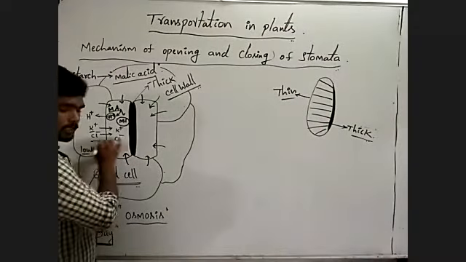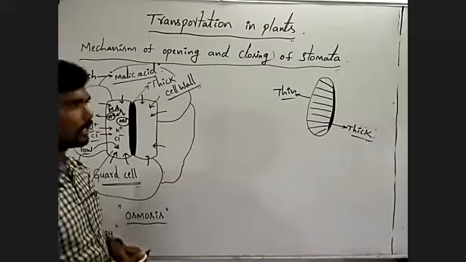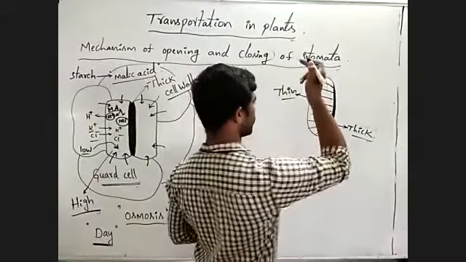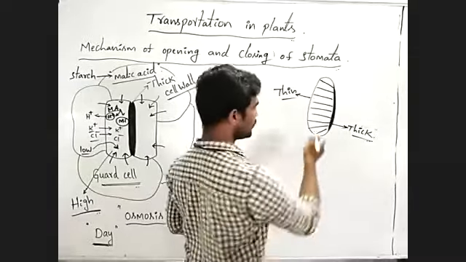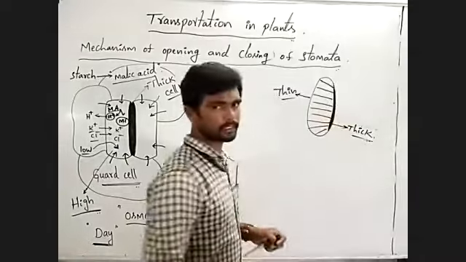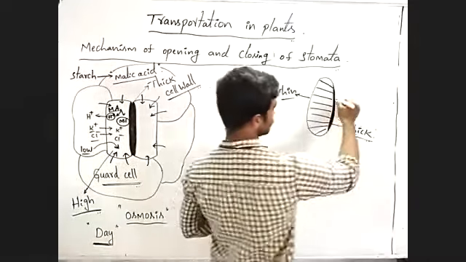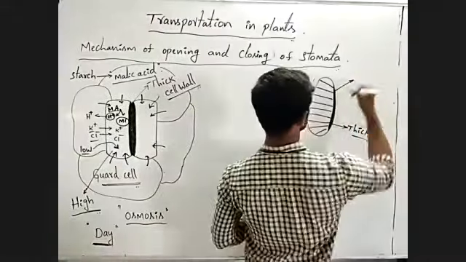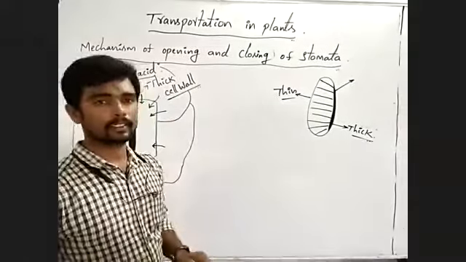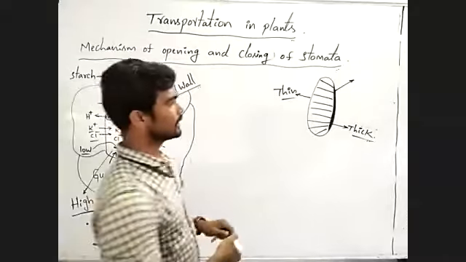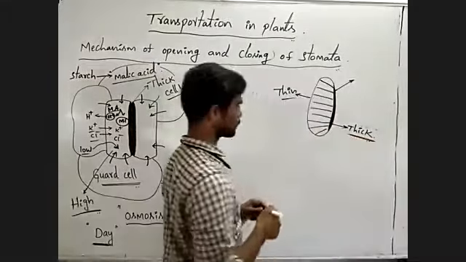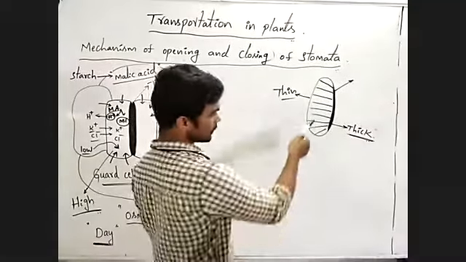Whenever more water enters the guard cell, the outer side of the guard cell becomes highly swollen when compared to the inner side. Swelling does not occur on the inner side because a very thick cell wall is present there.